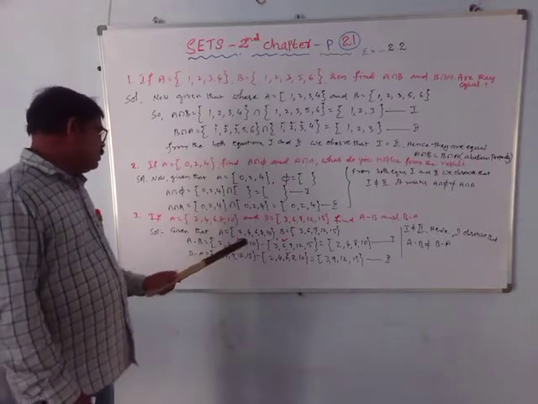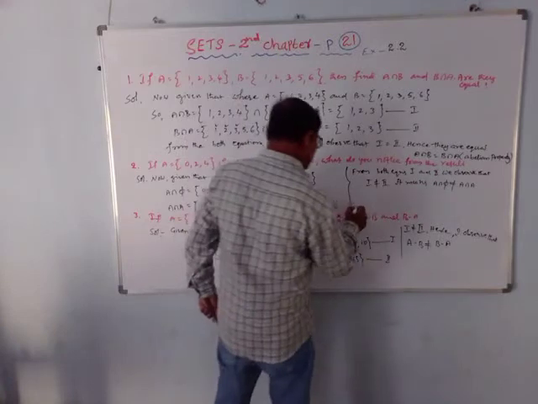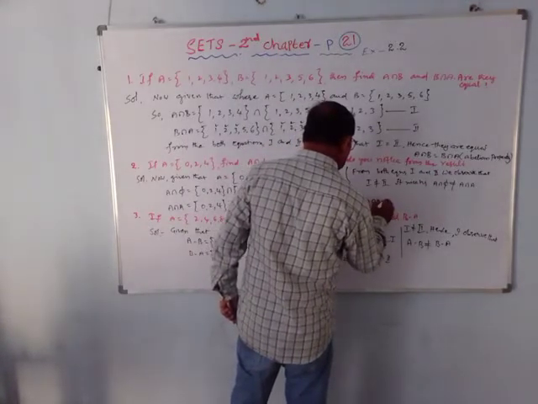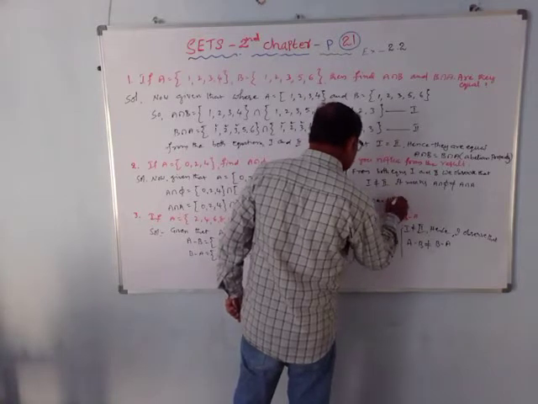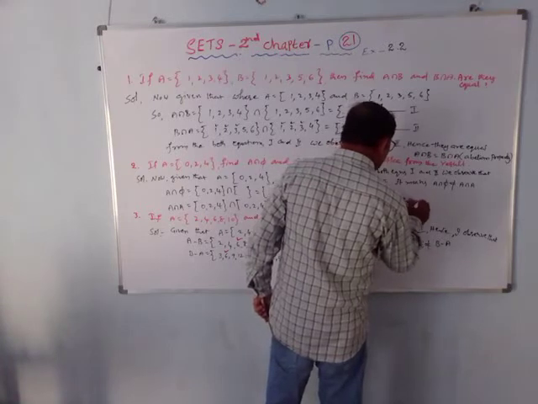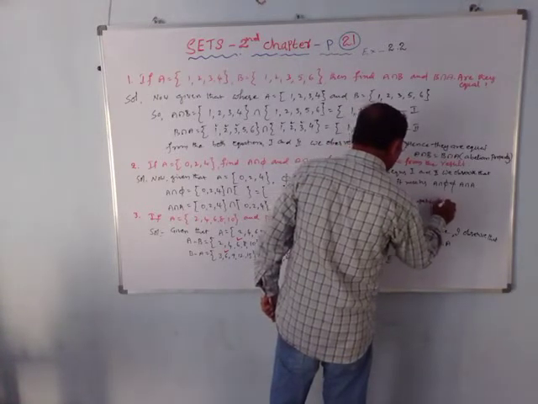If we observe, A intersection A is equal to A. Therefore A intersection A is equal to A. Then this property is called the idempotent property.